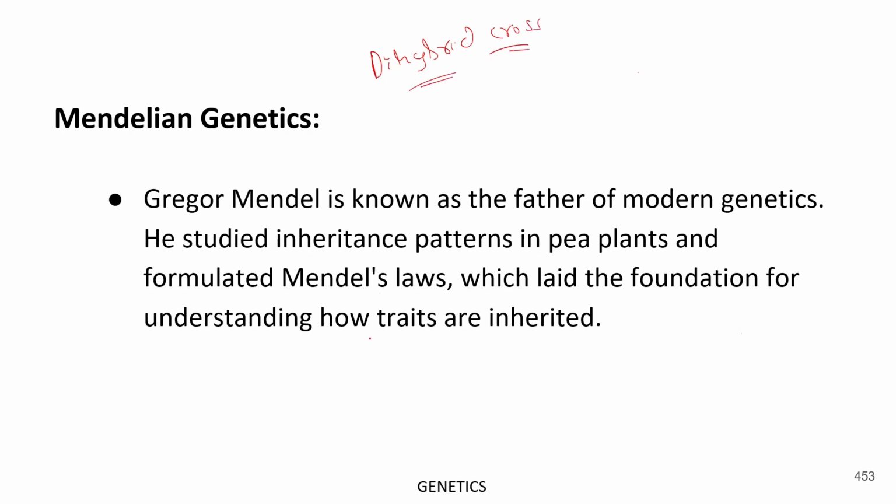In the dihybrid cross, he picked two plants A and B, but this time there is one difference between them: they were different in color and shape of seeds.